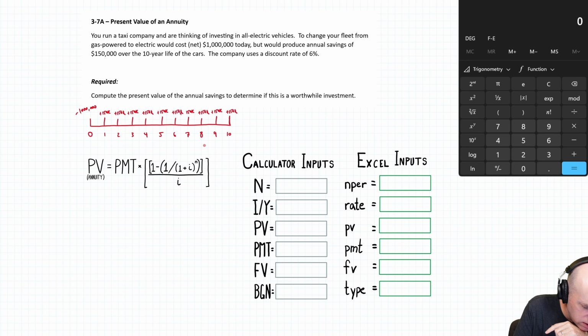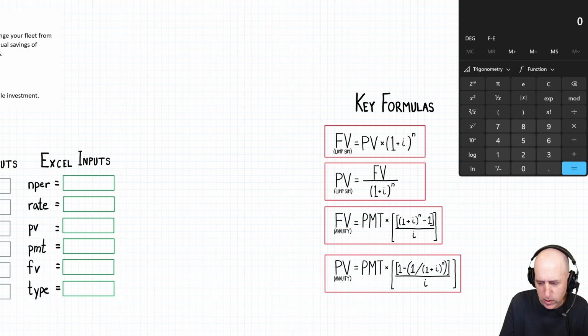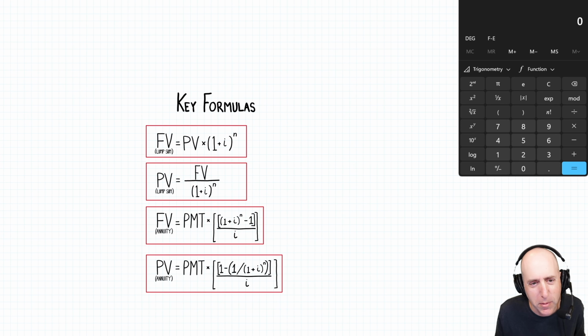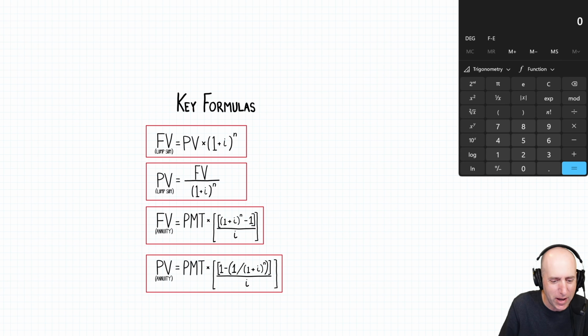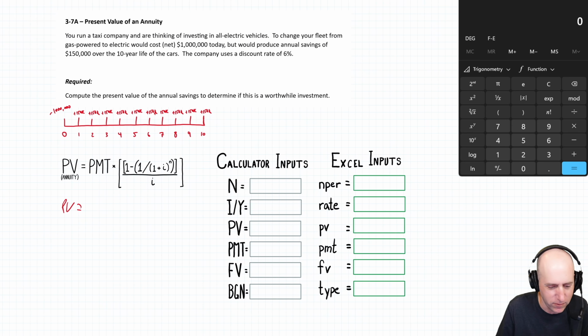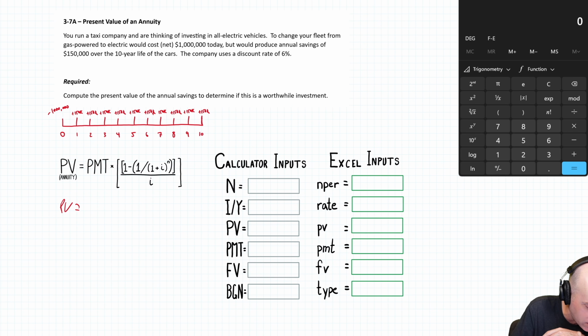Okay, so PV of an annuity equals PMT, and of course that formula comes from our key formulas at the start of the chapter. Just page 1 of this chapter will have those 4 key formulas, not even a lot of formulas. PMT is the recurring payment of our annuity. That's what makes an annuity an annuity.